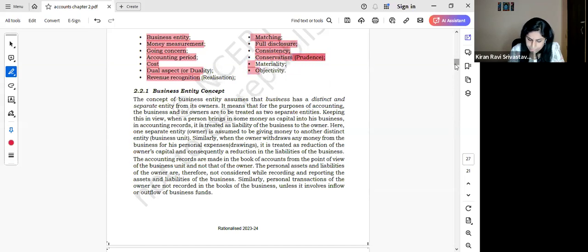And previously we have finished business entity, money measurement, going concern, accounting period, cost, duality or dual aspect, revenue recognition, matching principle, full disclosure principle, consistency, conservatism, materiality, and objectivity. Now let's do some questions.